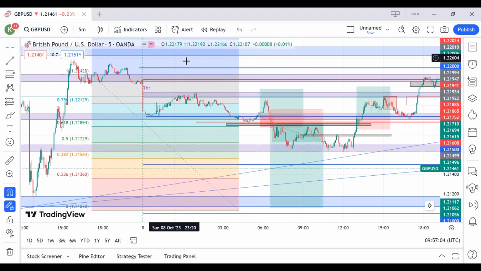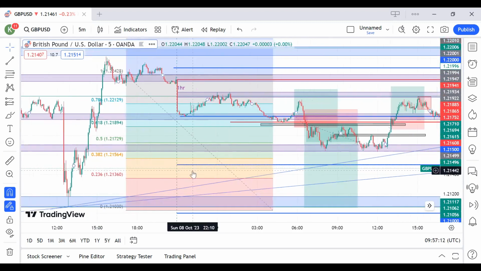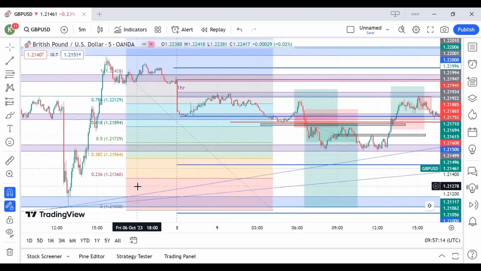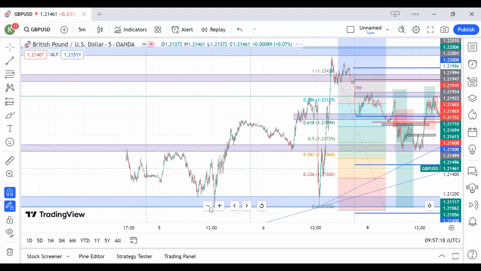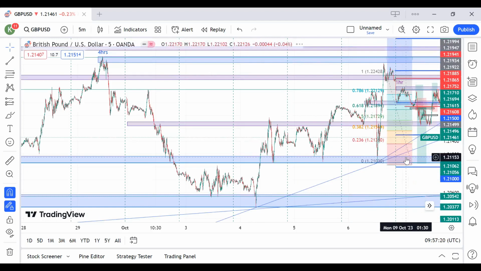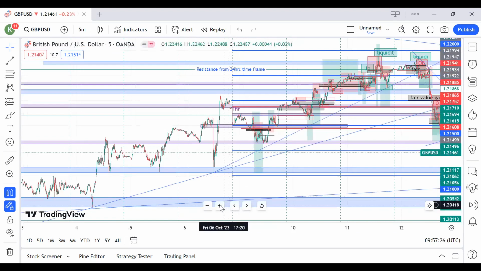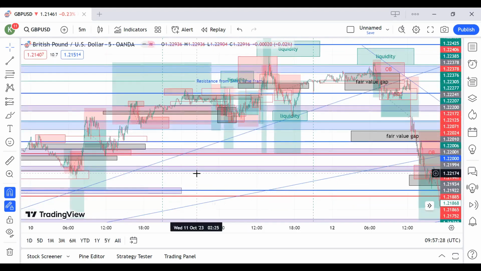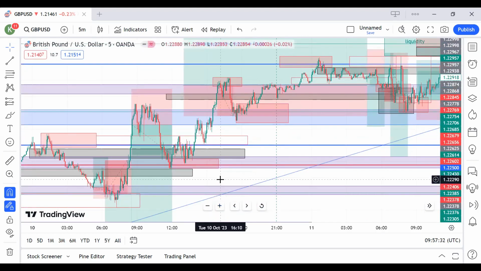So if you look at this, wait, let me use the Fibonacci to get the zone which you're supposed to enter properly, so you don't enter from the wrong zone.